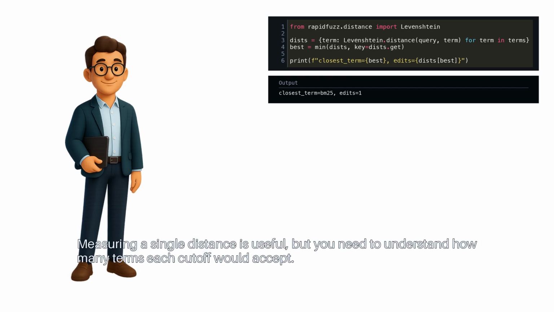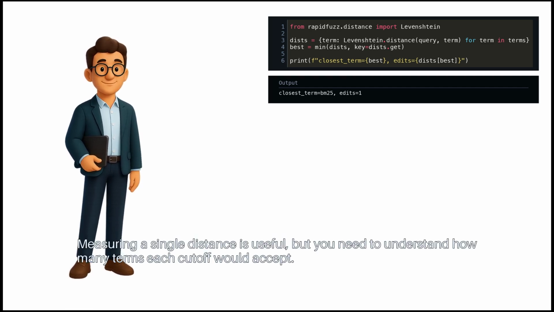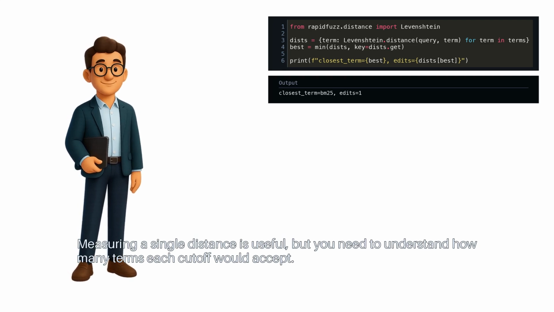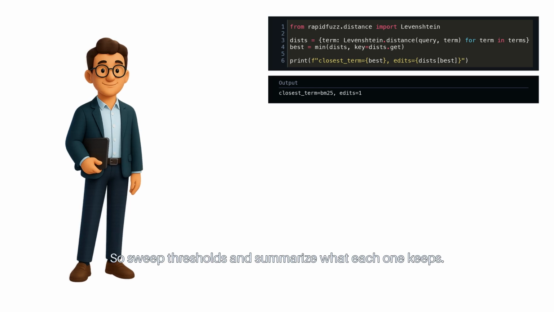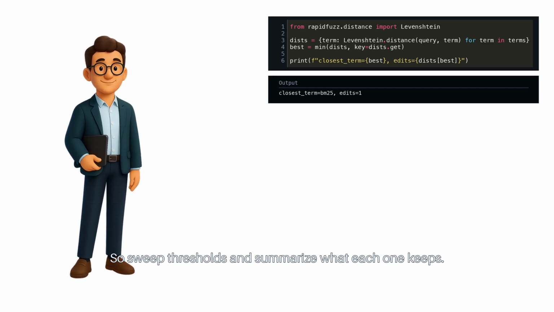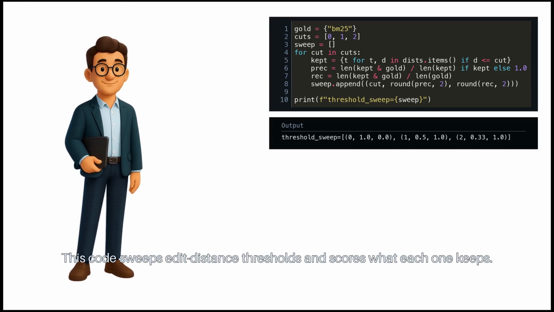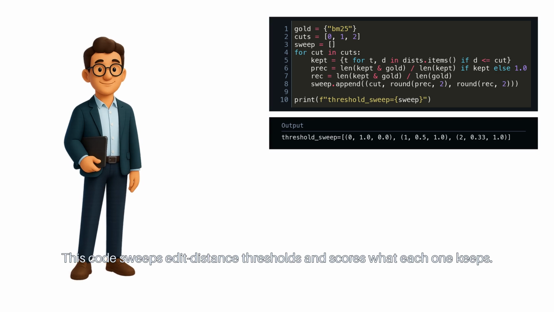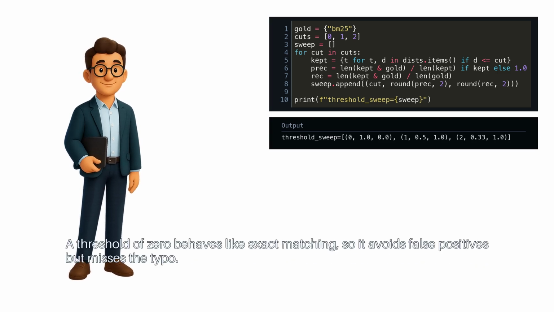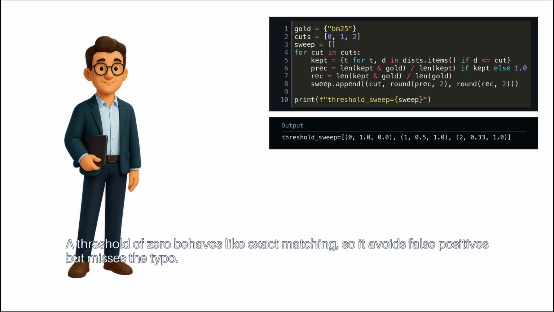Measuring a single distance is useful, but you need to understand how many terms each cutoff would accept. So, sweep thresholds and summarize what each one keeps. This code sweeps edit distance thresholds and scores what each one keeps. A threshold of 0 behaves like exact matching, so it avoids false positives but misses the typo.